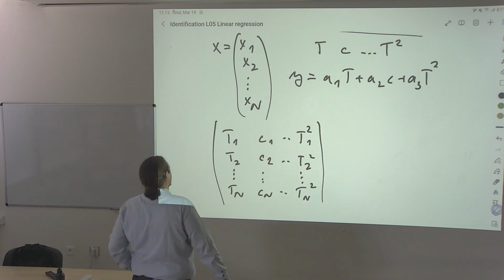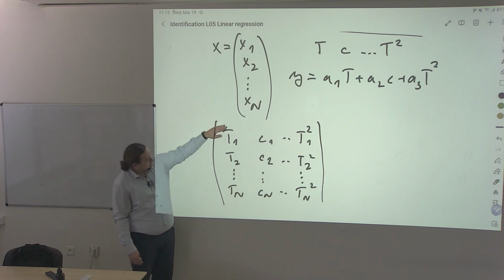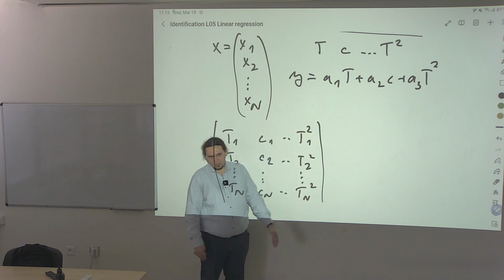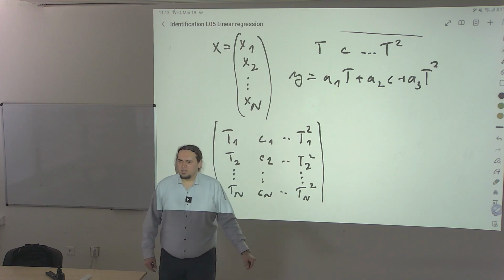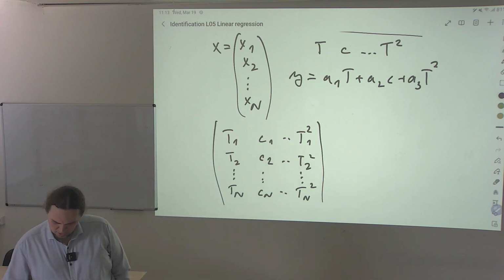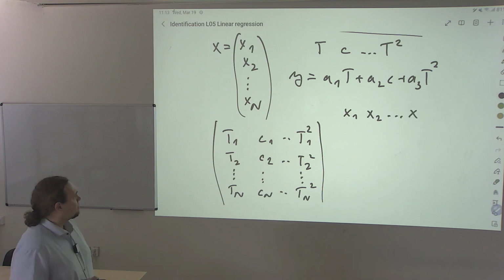Well, what we see in this structure. So we still have columns which will represent each particular variable, or maybe its transformation. So each of these columns is just one independent variable.